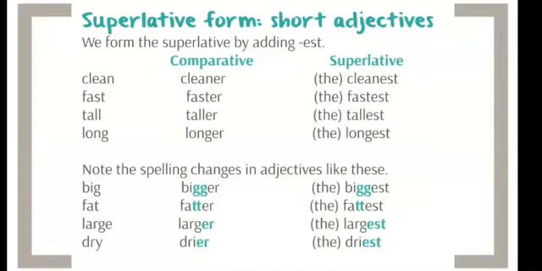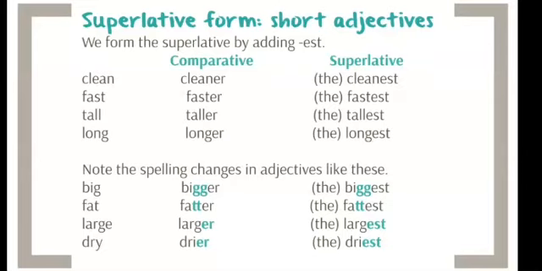Okay, how to form the superlative form of adjectives. If the adjective has only one syllable, or is a short adjective, we add -est. But first, before the adjective, we have to add the word the.